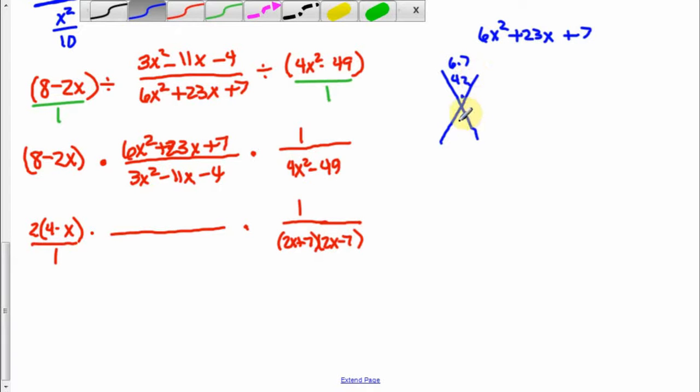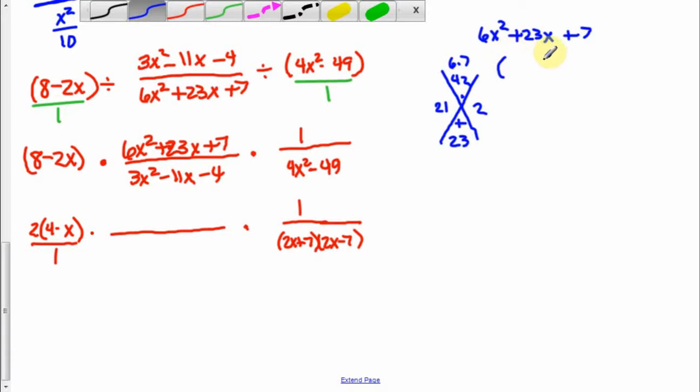And I want them to add to be the middle number, which is 23. 21 and 2. Pretty easy, wasn't it? Did you catch it? I caught it when I started looking at them here before I wrote it over here, because I didn't want to mess up really bad.